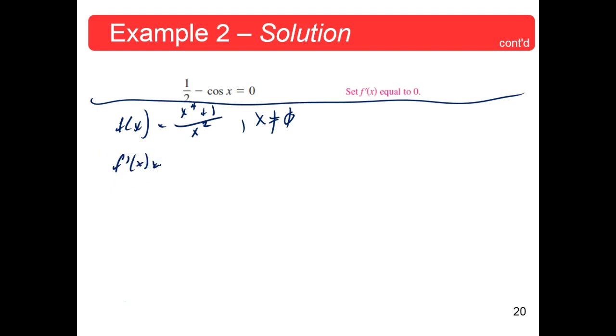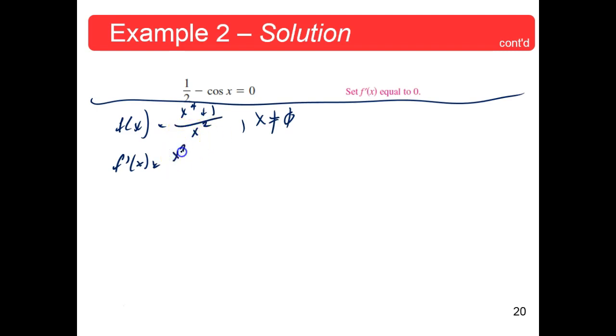What kind of rule do we use here? Yeah, unfortunately the quotient rule, not my favorite. But how does that go? Nope. It's low-D high.